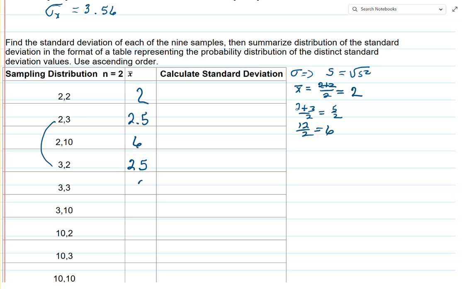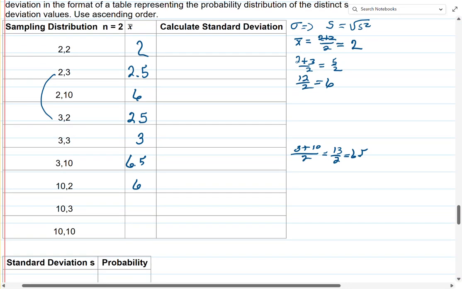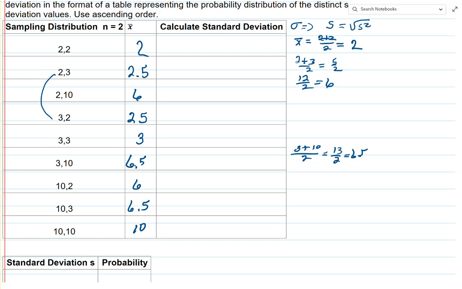The 3 and 3, well, the average is 3. The 3 and 10 is 13 halves, 6 1/2. The 10 and 2 is like the 2 and 10. We're going to get a 6. The 10 and 3 we just did, got a 6 1/2. And this one is 10. So we can see that our means are there.